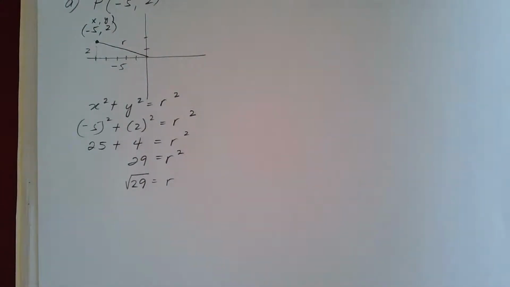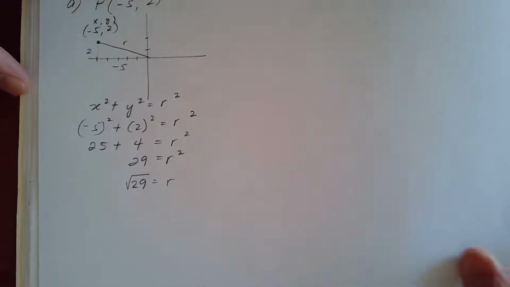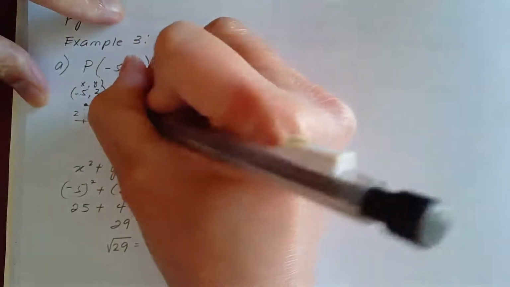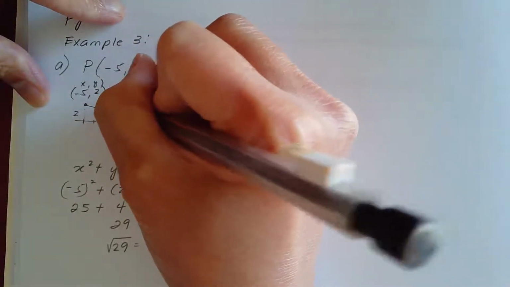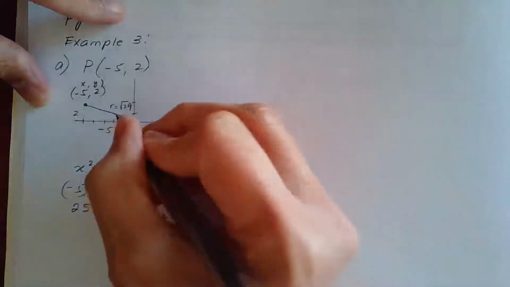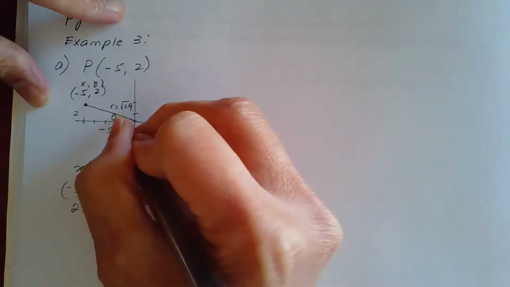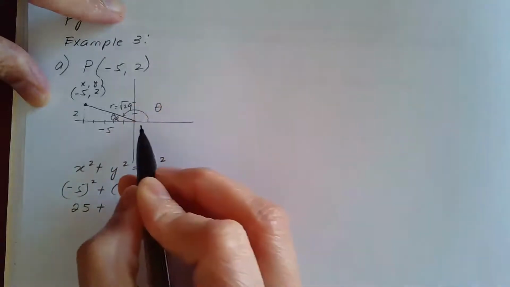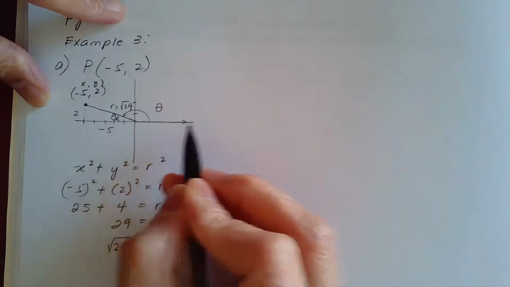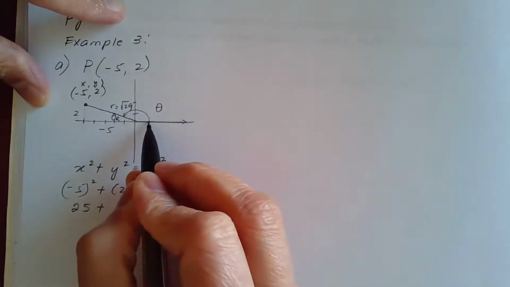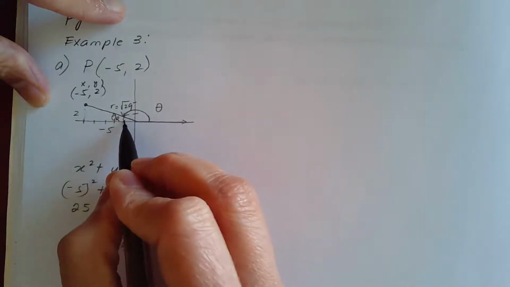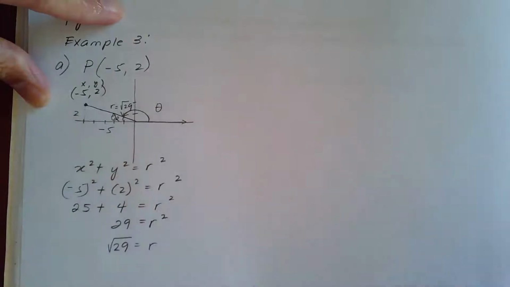So what are the six trig ratios in this case? I'm going to write down root of 29 in here. And this is our theta r. And from here to here is our theta. Okay. So our theta is from here, standard position, that way. And then our theta r is on the inside of the triangle.